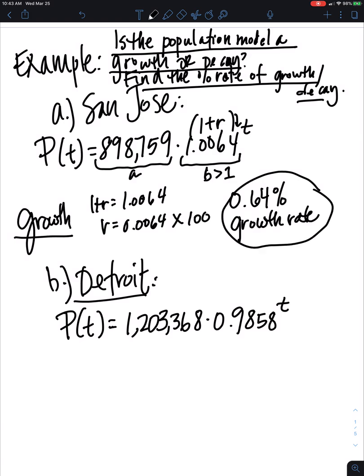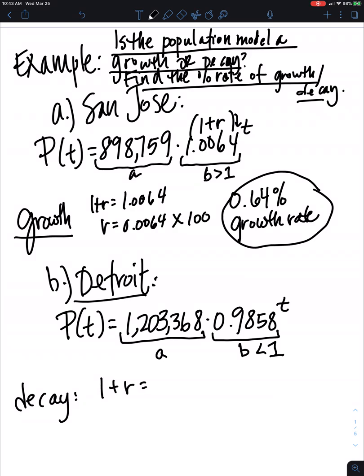And then part B, Detroit. If you know anything about Detroit, you know what this is probably going to be, because they closed a bunch of the factories in Detroit. So B is less than 1, so that means it is a decay. And again, if we do the math and solve for our r, we would get a negative number because it's a decay.